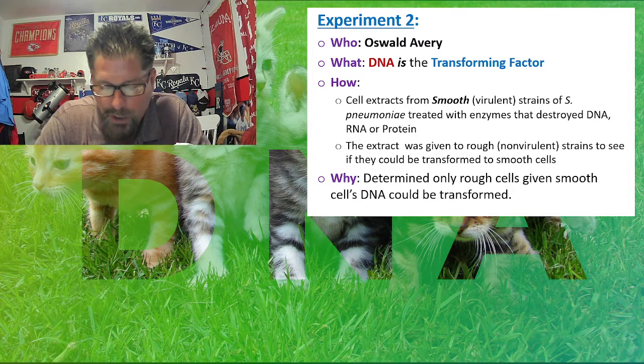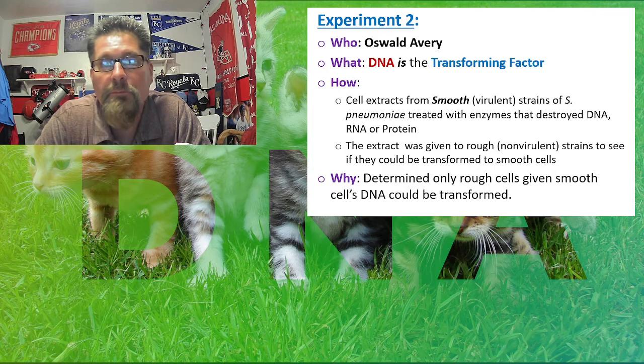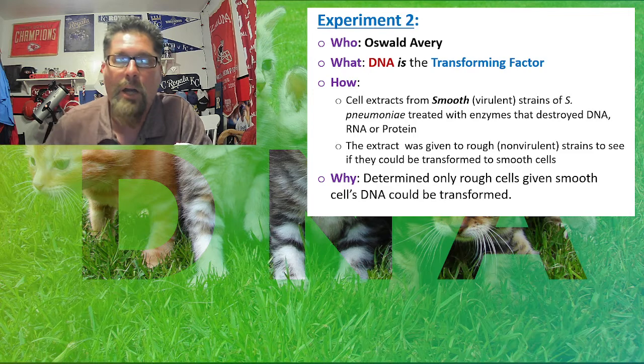Okay, so our next, I need to go back and say this information I'm going to share should be back with Griffith. It's the idea of bacterial transformation. That's the process, and it was on one of the screens, so if you've written everything down, you've got this.